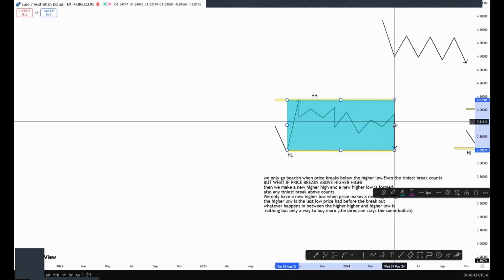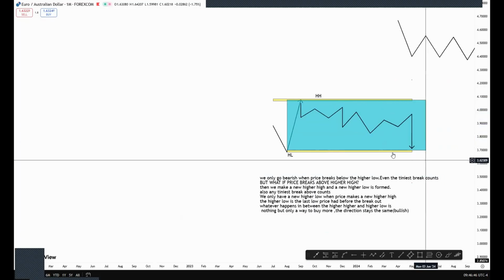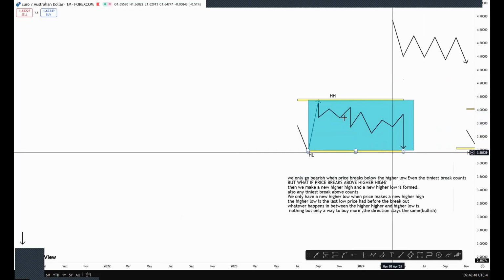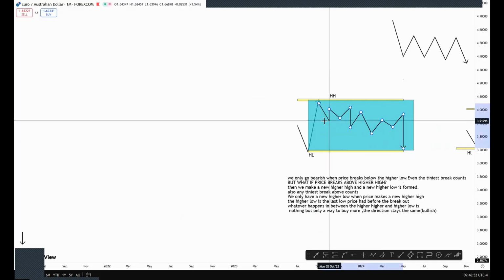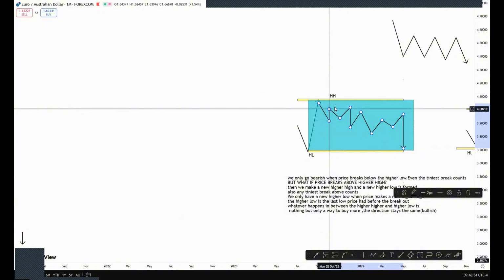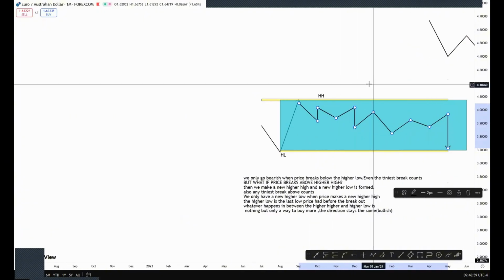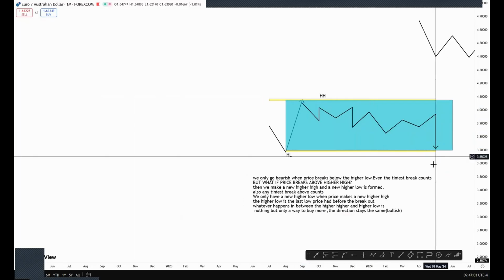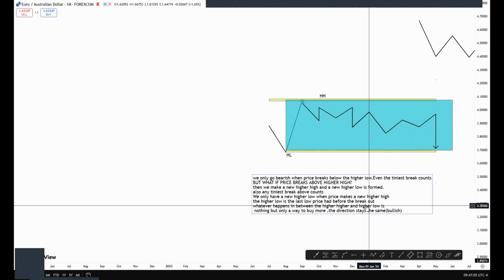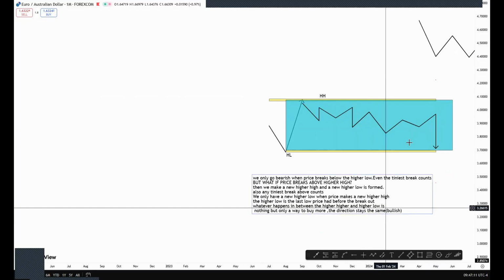But this should be of no use to you, because I've told you that whatever is going on within this level is nothing but only a way to buy more, and the direction stays the same.